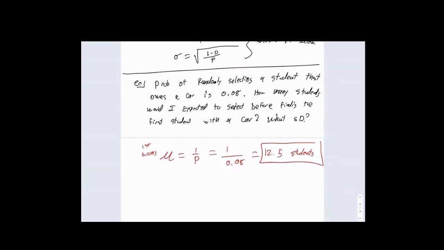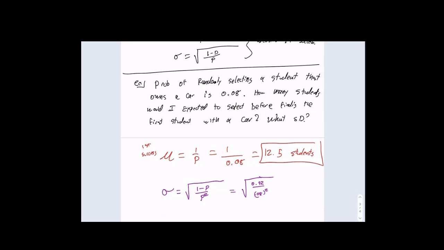Now to find the standard deviation, we just have to use that formula. And I know it's an ugly formula. You'll be given it on a formula sheet, but it's the square root of 1 minus p over p squared. I don't even ever really remember it. So that's the square root of 0.92 over 0.08 squared.